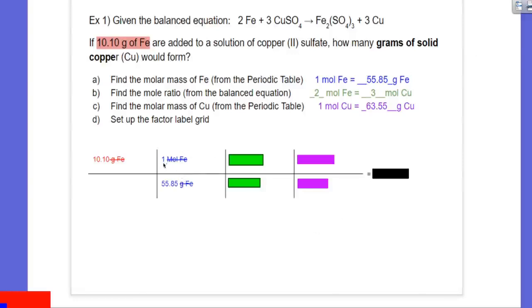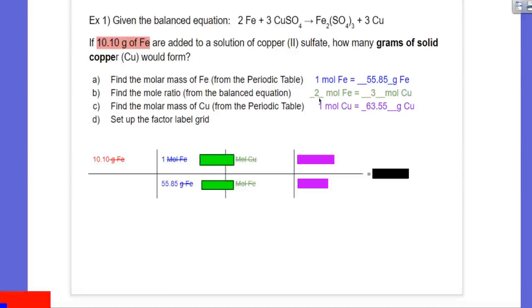Since I don't want to end with moles of iron, I'm going to put moles of iron on the bottom. If I look at my equivalency statements, I have moles of iron are equal to grams, and moles of iron are equal to moles of copper. Well, I just got rid of grams, so I don't want to go back to grams. So my only real option here is moles of iron equal to moles of copper. So I'm going to put moles of copper at the top.